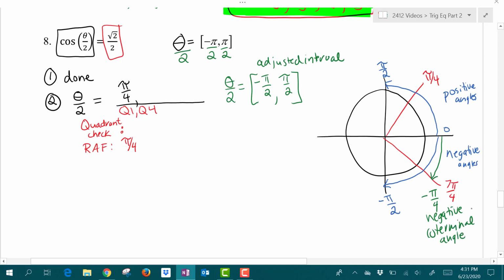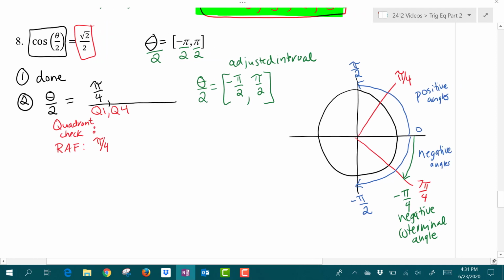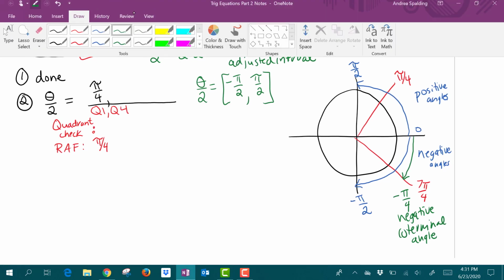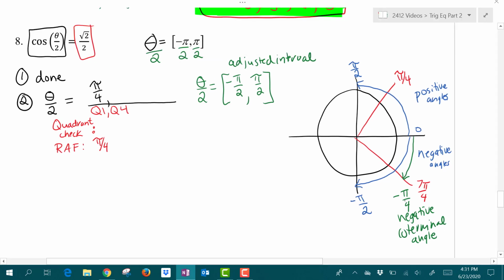So instead of having 7 pi over 4, we wanted a negative coterminal angle. Now, what's another way that you could come up with negative pi over 4? Remember, we find coterminal angles by adding or subtracting 2 pi. So I could think about subtracting 2 pi, as 2 pi over 1. We need a common denominator of 4. So that would be 7 pi over 4 minus 8 pi over 4.